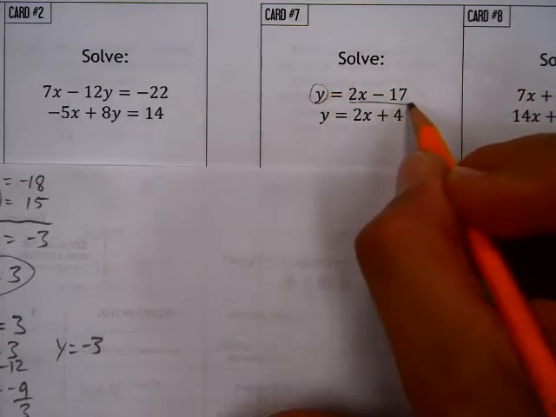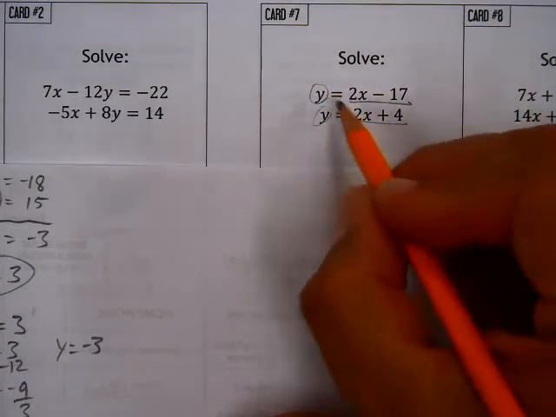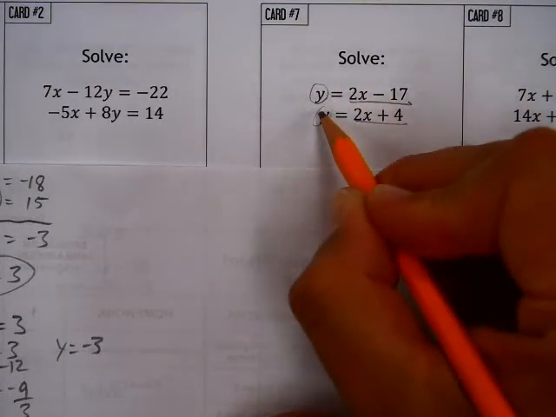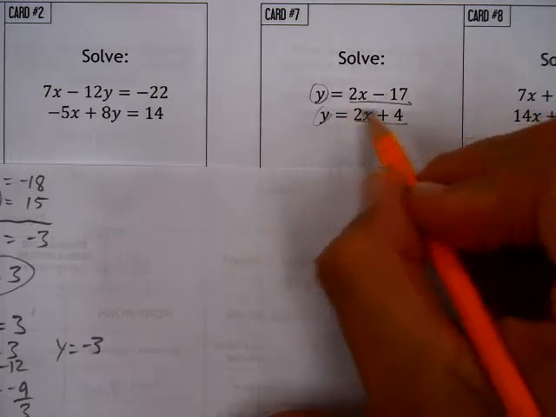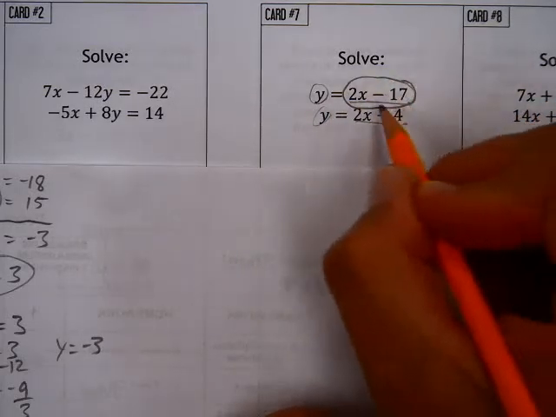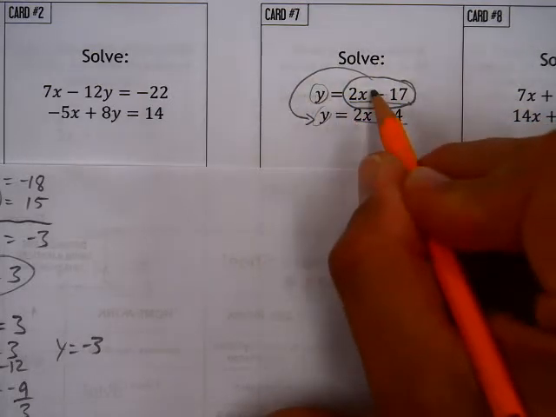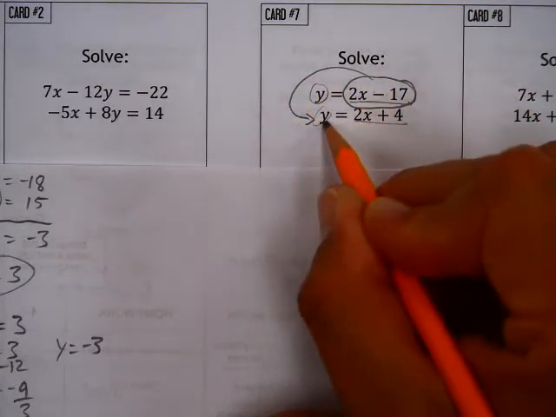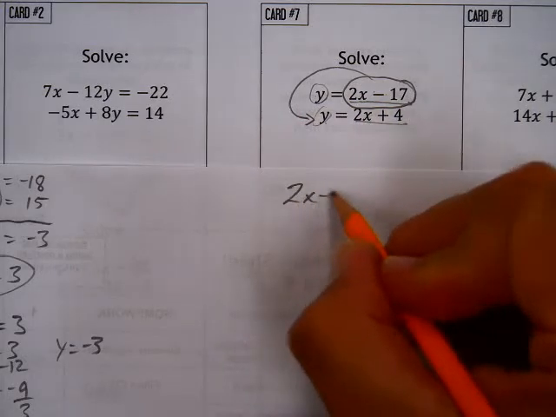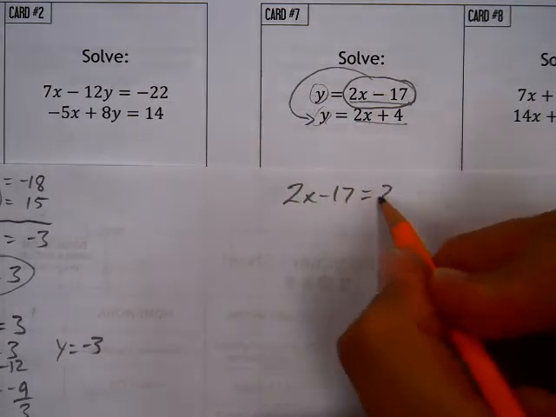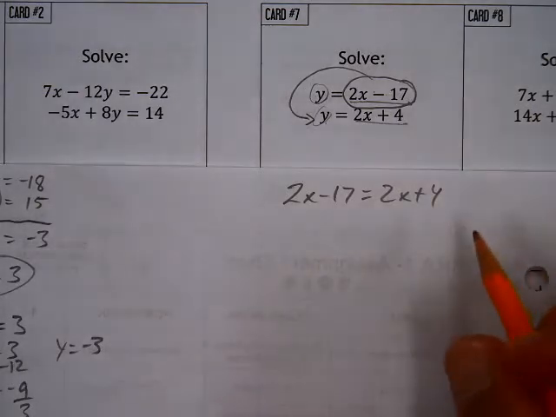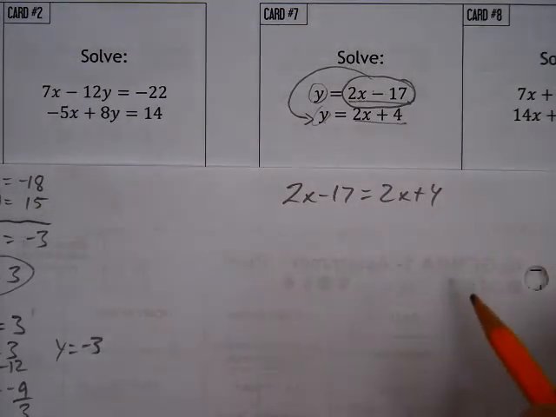If I've got a y equals and another y equals, if they both equal y, then they should both equal each other. I'm basically taking this value of y and substituting it in place of that y. If y equals this, then it should also equal that. So if I put in the 2x minus 17 and say it's equal to the other 2x plus 4, now I've got these two expressions equal to each other.